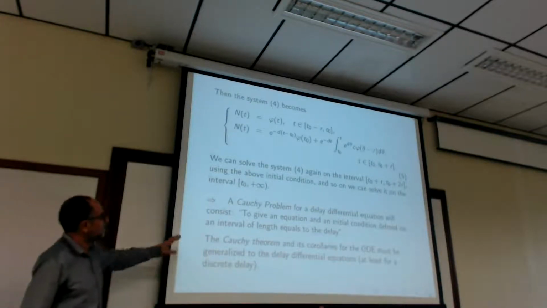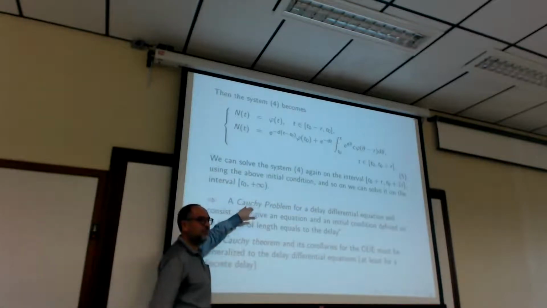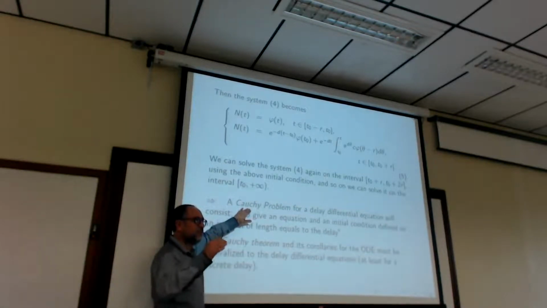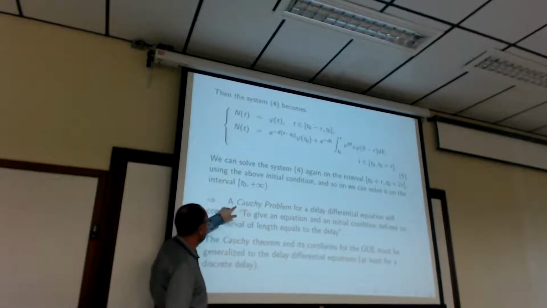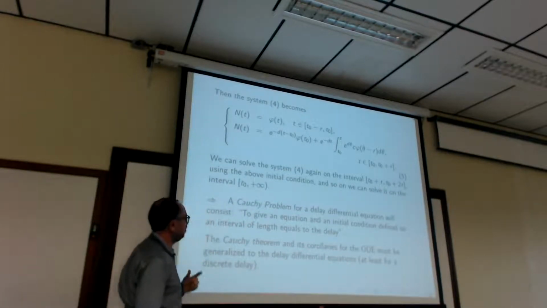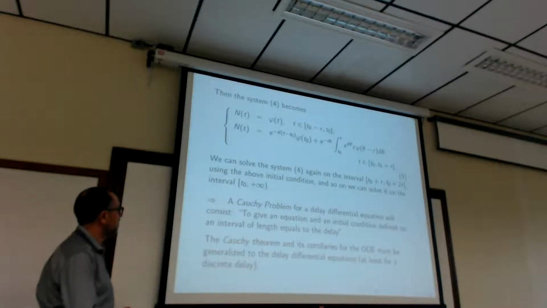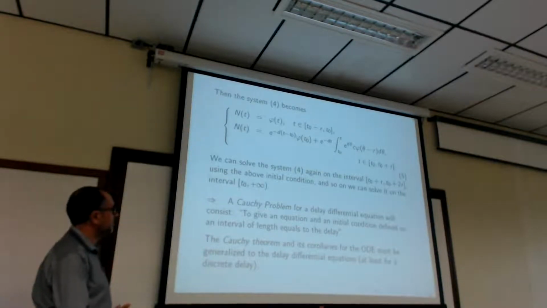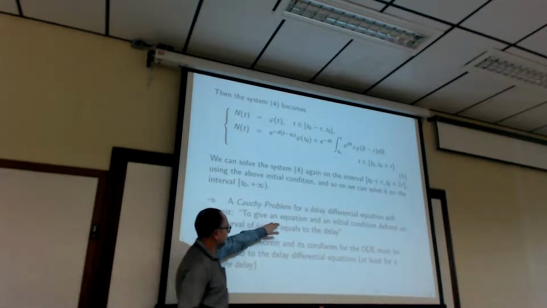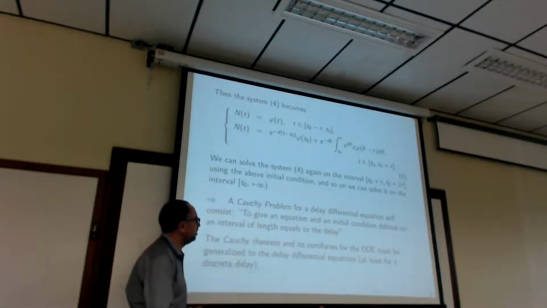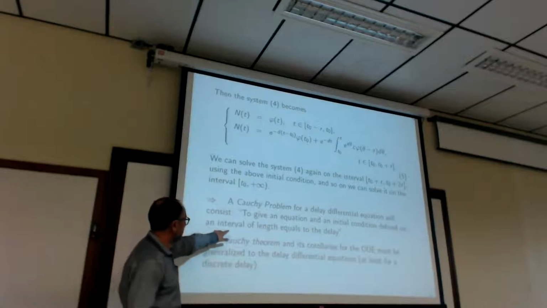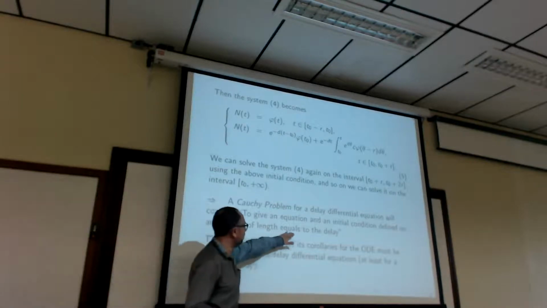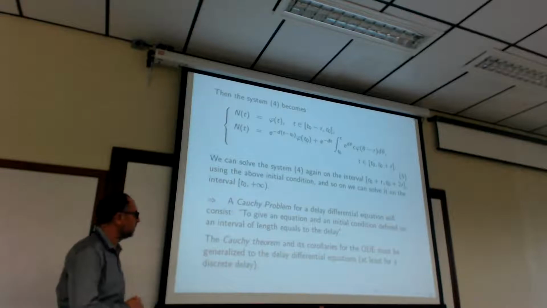Okay, Cauchy problem means differential equation plus initial condition. This is what we call Cauchy problem. That means for a delay differential equation, the Cauchy problem is to give an equation and also an initial condition defined on an interval of length equal to the delay.